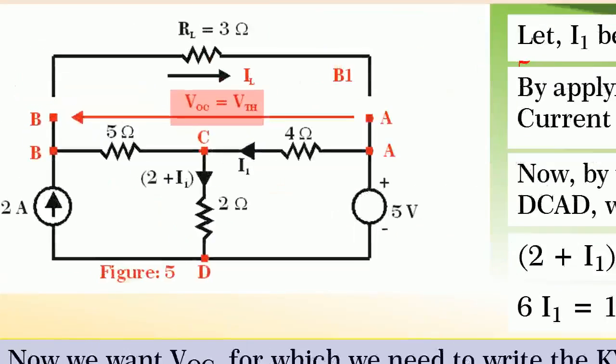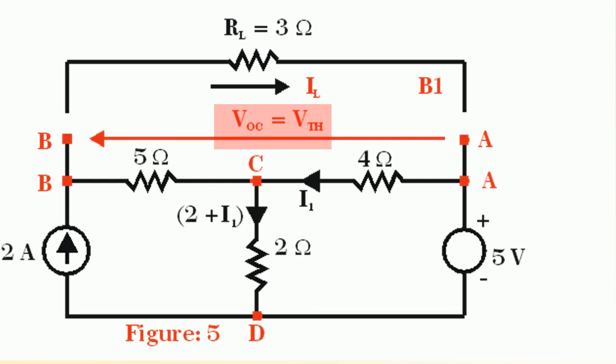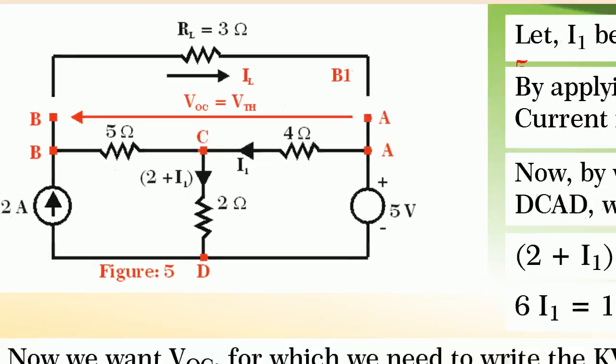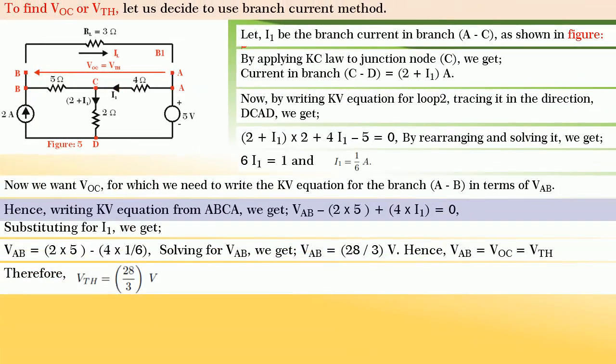Now, we want VOC, for which we need to write the Kirchhoff's voltage equation for the branch AB in terms of VAB. Hence, writing the Kirchhoff's voltage equation from ABCA, we get VAB minus 2 into 5 plus 4I1 is equal to 0.